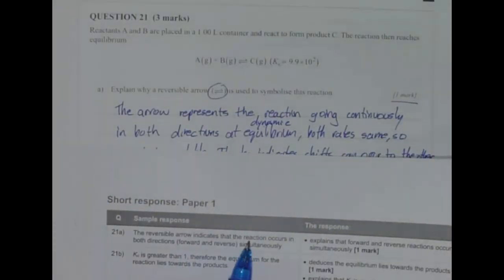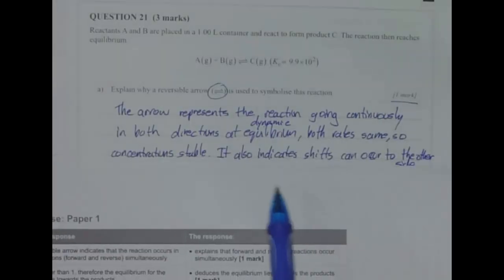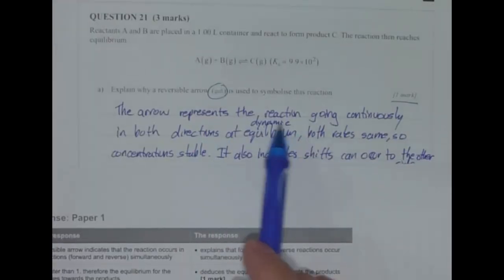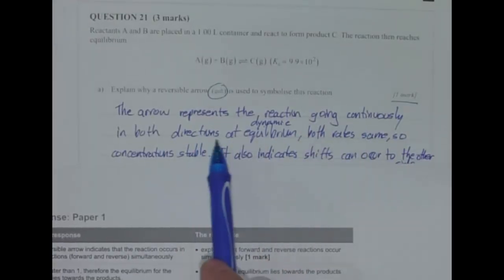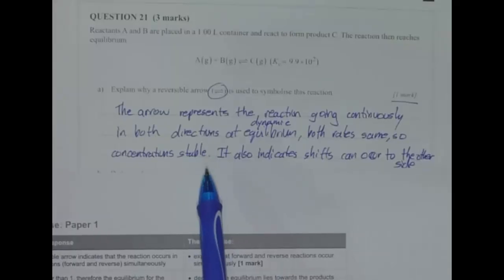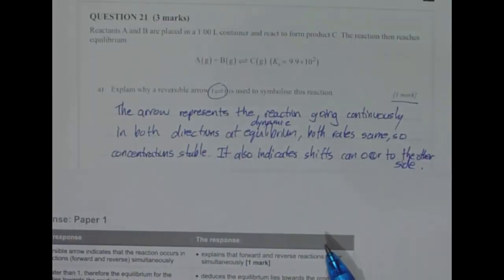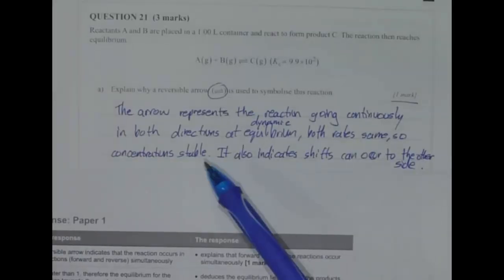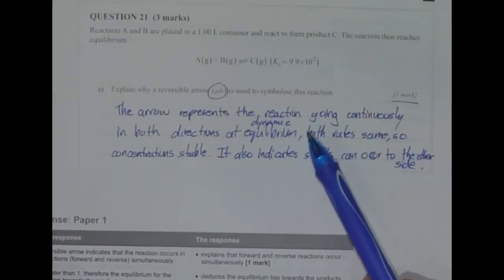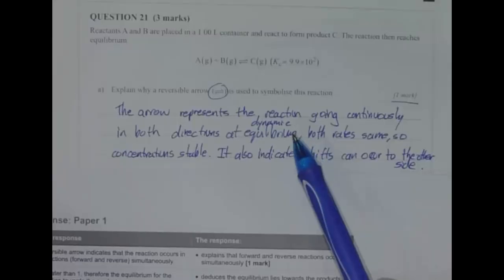The reverse indicates reaction occurs in both directions simultaneously. Explains forward and reverse occurs simultaneously, continuously in both directions, both the same, so concentration is the same. I didn't use the word simultaneous, but they haven't underlined the word simultaneous.